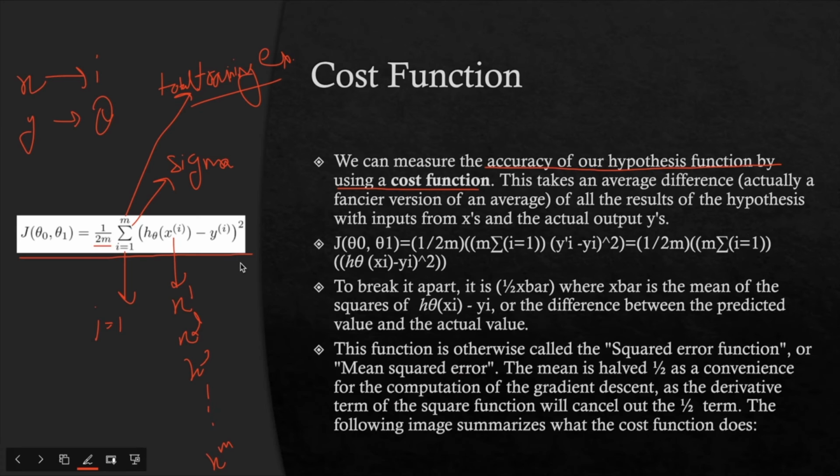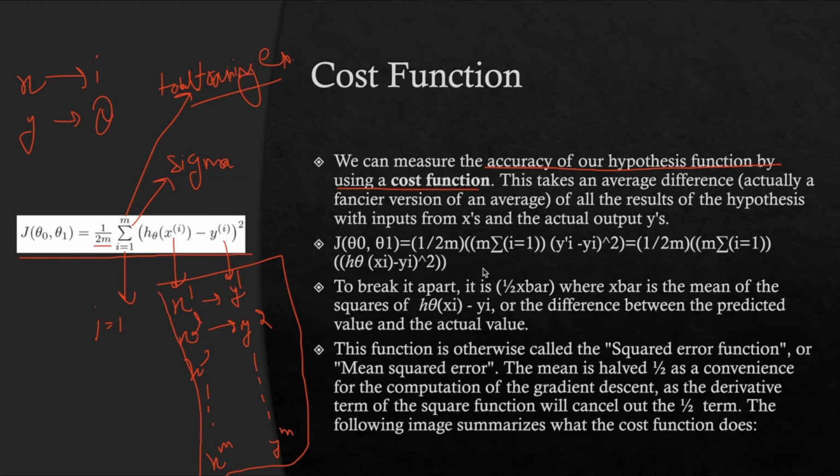And same here, for corresponding x1 there will be corresponding y1, y2, the second output, and this will also continue till ym. So this will be from i equals 1 to i equals m.